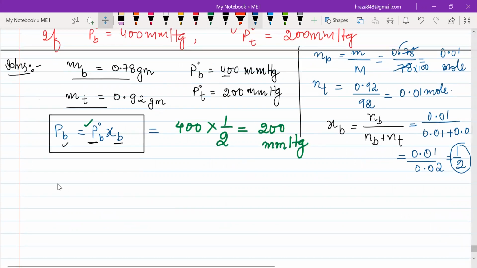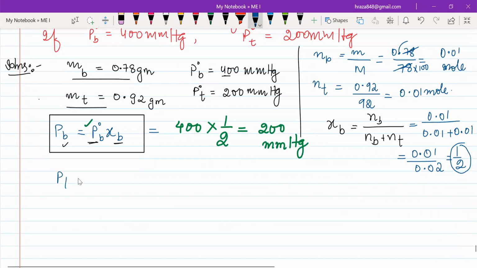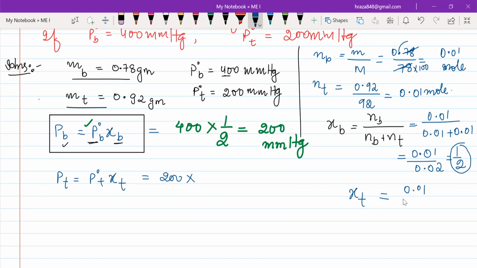Now, partial pressure of toluene will be equal to pure pressure of toluene into mole fraction of toluene. Pure pressure of toluene is given as 200. Now we need to calculate the mole fraction of toluene, which is number of moles of toluene, which we have already calculated, 0.01 upon 0.01 plus 0.01. So it will be again 1 by 2. And we will get 100 mmHg.